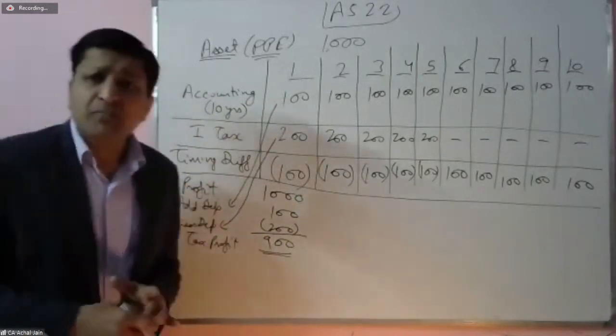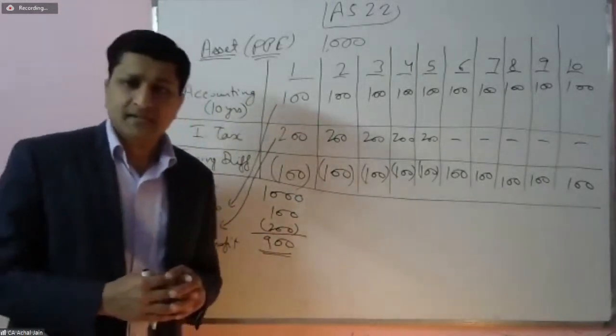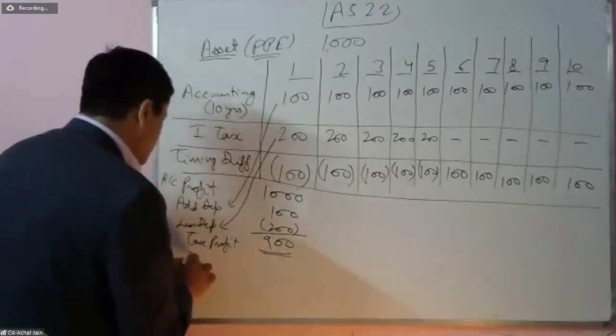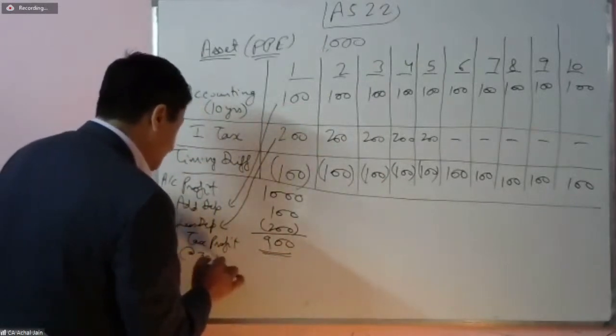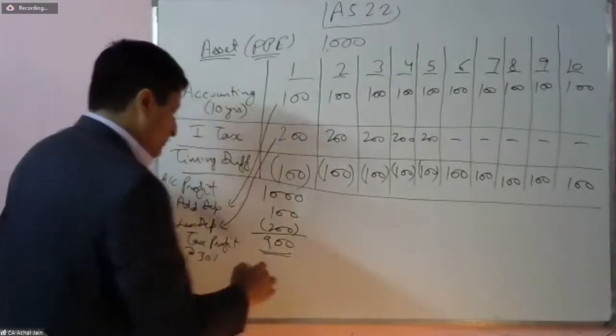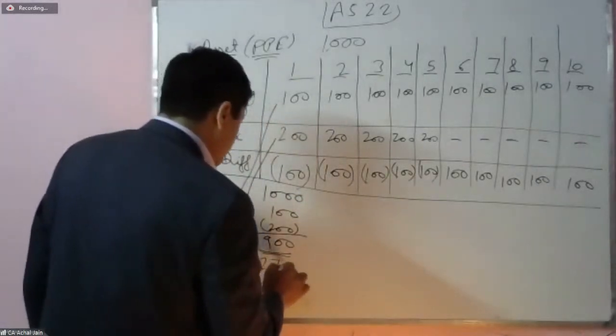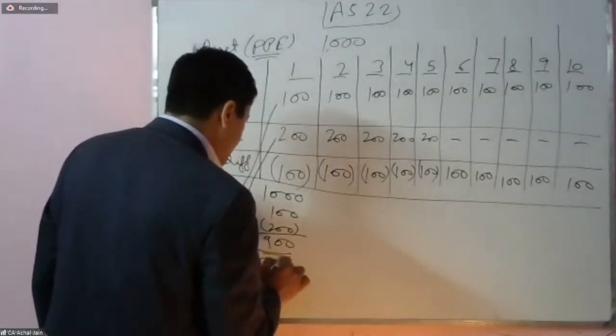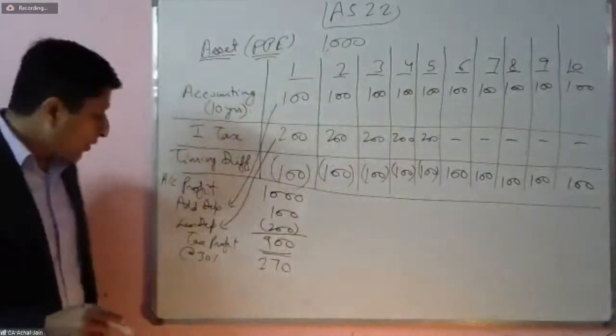On this taxable profit, we will pay tax, let's suppose at the rate of 30%. So 270 is the tax amount that we will pay.